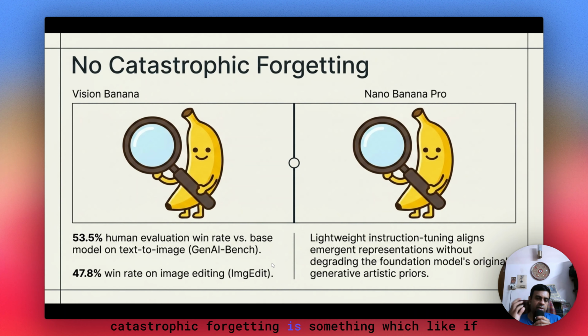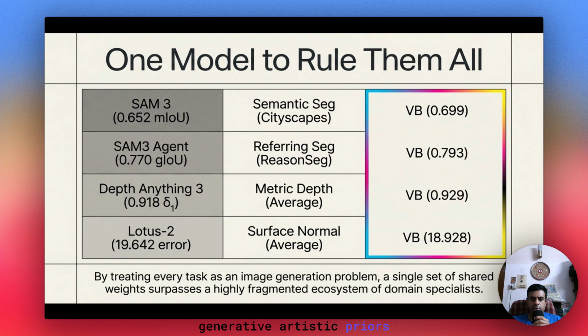Catastrophic forgetting is when you keep asking the model more and more things, it tries to forget what the initial thing was, and it starts deviating. I didn't see this in our previous discussion, either in the video or in this, so it's nice to see if this is actually true. Lightweight instruction tuning aligns emergent representation without degrading the foundation model's original generative artistic bias. One model to rule them all.